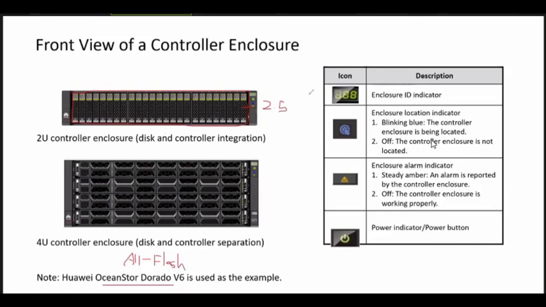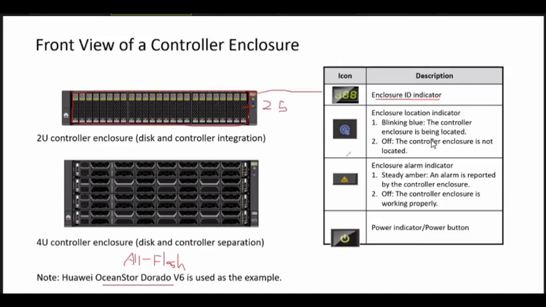So the controller enclosure in the front, you will have, of course, the icon, which indicates the controller enclosure ID that will be up here. Okay, so that's this guy. Then you'll have the location indicator, which is quite a valuable thing in some sense, whereby because all the controllers and the disk enclosures kind of look the same, if you buy everything Huawei product, they will look like this, right?